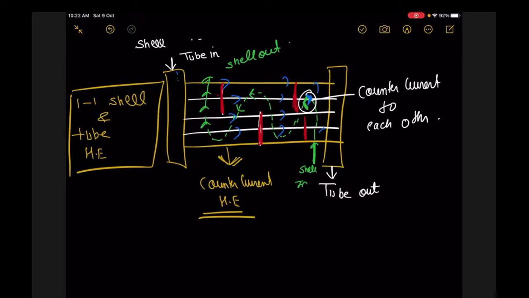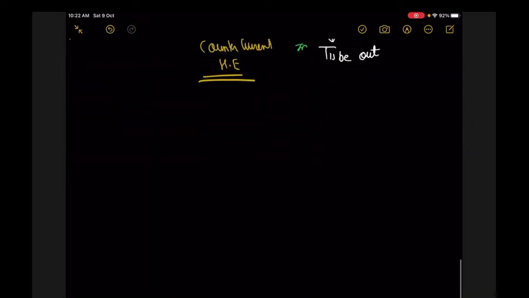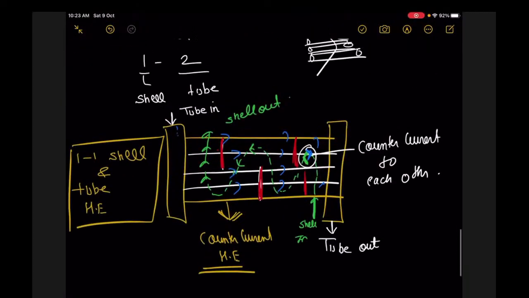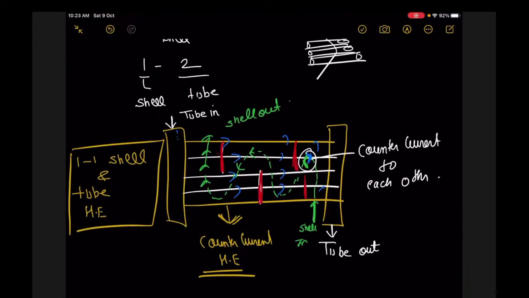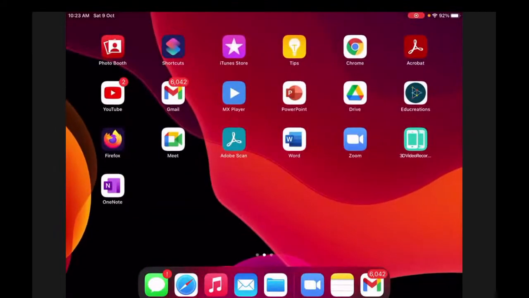Okay. Now we will see multi-pass. This is the single pass we have seen. This is known as single pass. Now we will see multi-pass.